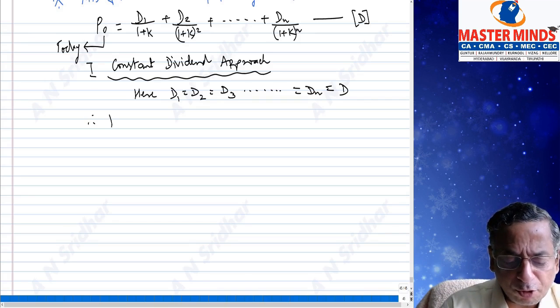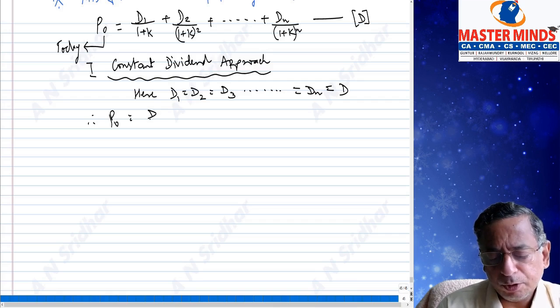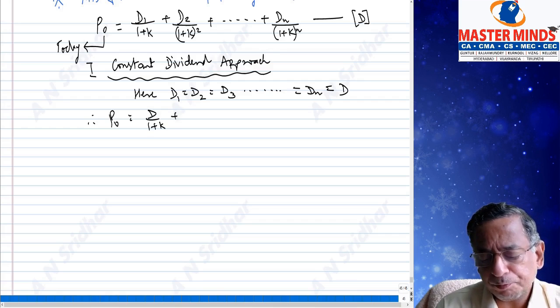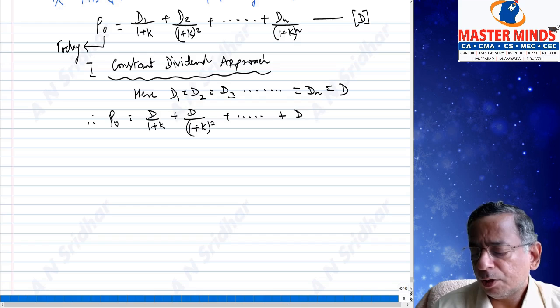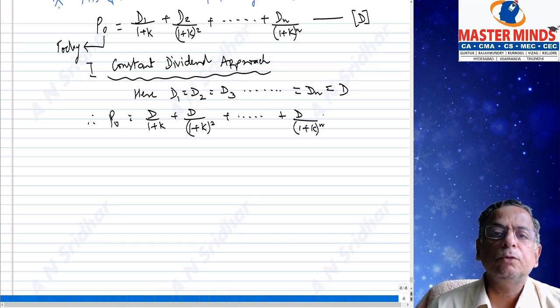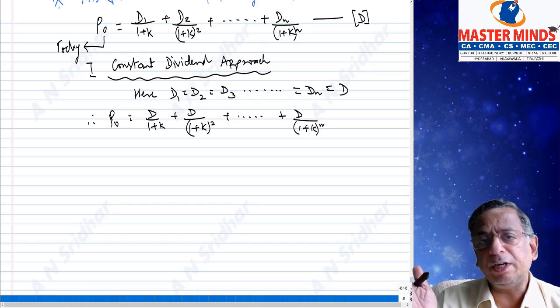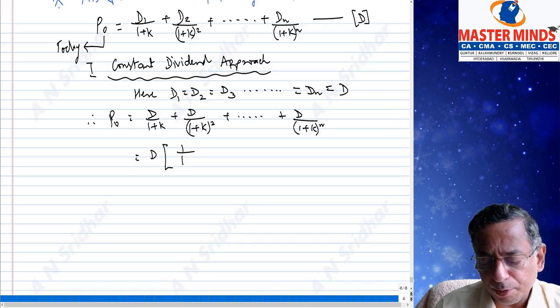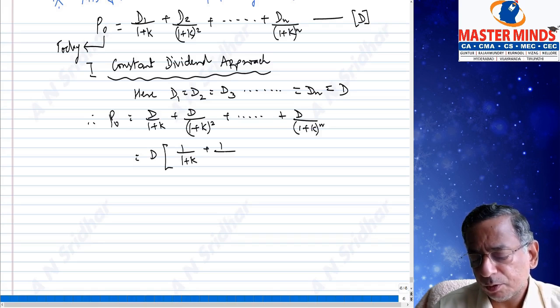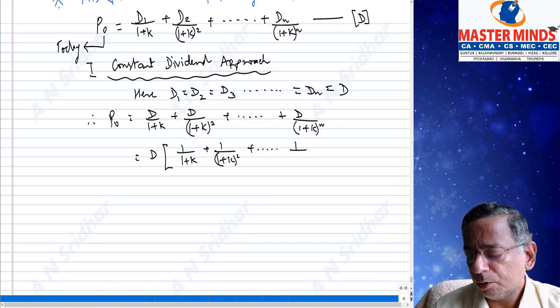So P0 is equal to D upon 1 plus K, D upon 1 plus K the whole square, D upon 1 plus K raised to N. So everything is D. We take D out: 1 upon 1 plus K, 1 upon 1 plus K square, plus 1 upon 1 plus K raised to N.